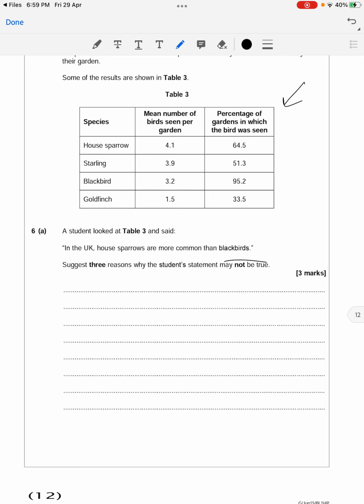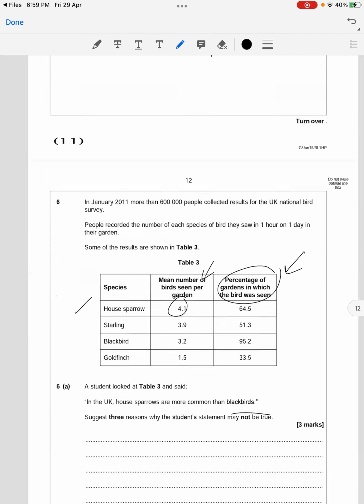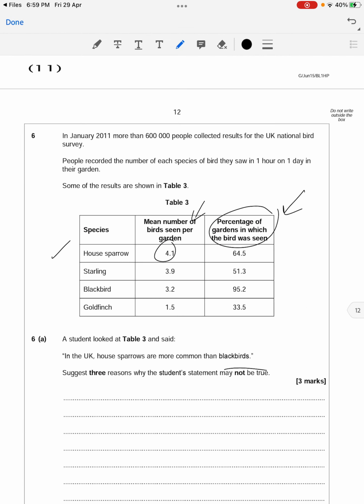Okay, so what can we make the assumption of? House sparrows are more common, because you can see the mean number of birds seen is higher. But the percentage of gardens in which birds are seen is pretty lower. Are they giving any more values for us? Okay, there's nothing else.